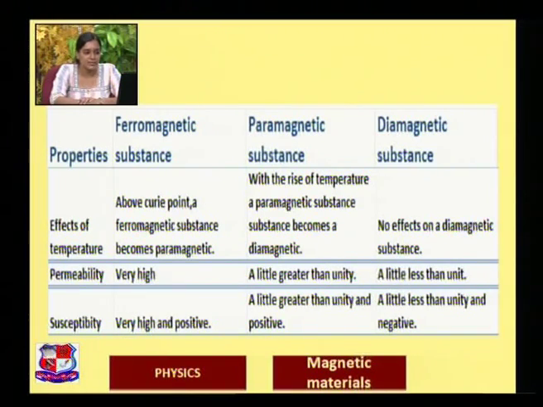For paramagnetic substances, it is slightly greater than 1 and positive. But for diamagnetic substances, the susceptibility is negative. So these are the measures by which we can distinguish diamagnetic, paramagnetic and ferromagnetic substances from each other, right? These are very important from the properties point of view.